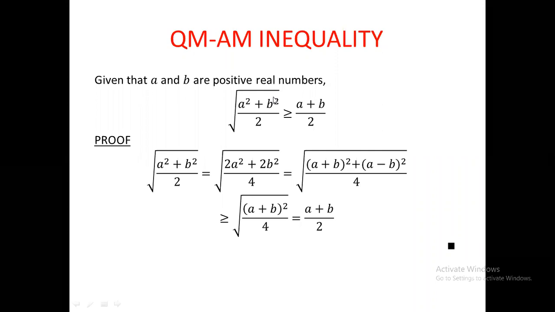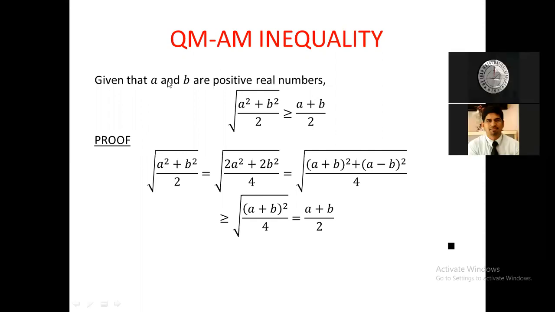Now, when you're given two values a and b, for those of us that have been following, we know that the quadratic mean of a and b is simply this. You square each of the values you're given, you divide by the number of observations, and you take the square root. So we're given just two values, so it's the square root of a squared plus b squared divided by 2. So what I'm saying is the left hand side of this inequality is actually the quadratic mean.